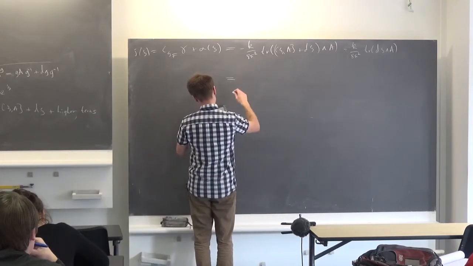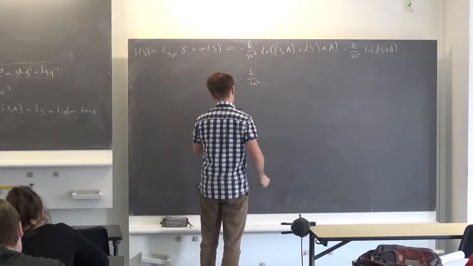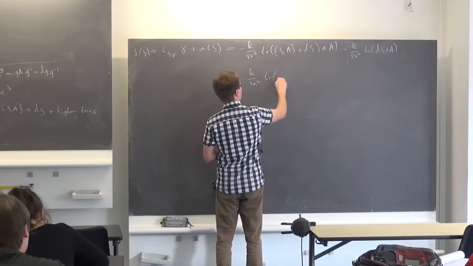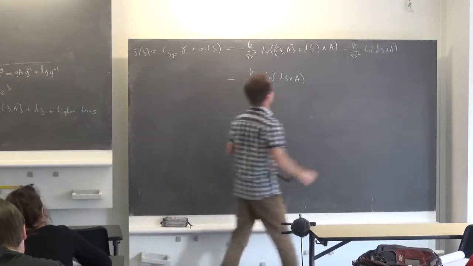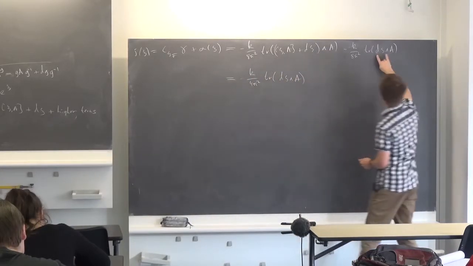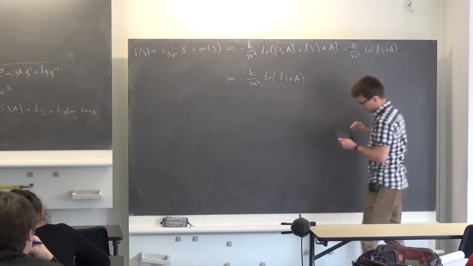Okay, so you can rewrite this as minus k over 4 pi squared trace d xi wedge A. So here we have d xi wedge A and another d xi wedge A with the same sign, so this is twice.